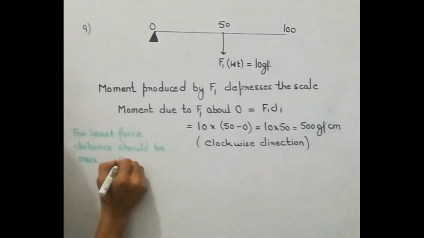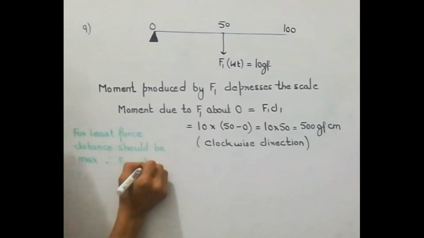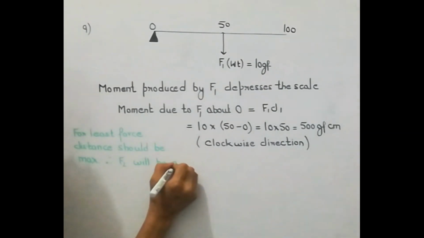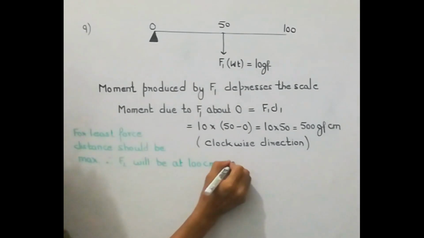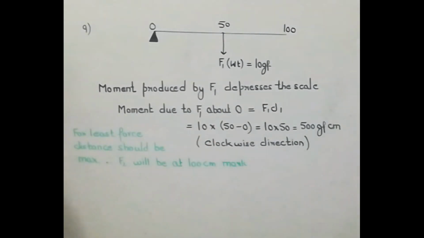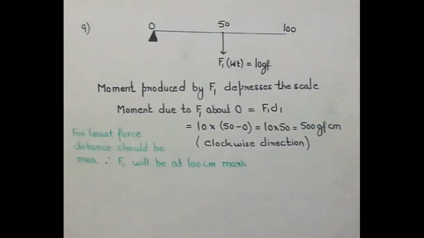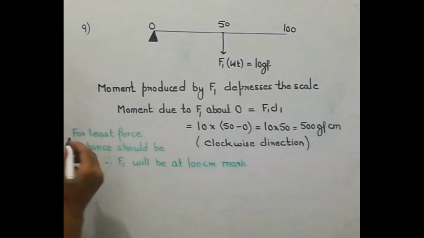Therefore, F2 will be at 100 centimeter mark. See here the question says what least force. So we know that for least force distance should be maximum, and for maximum distance we can say that F2 will be at 100 centimeter mark. This point you have to keep in mind.